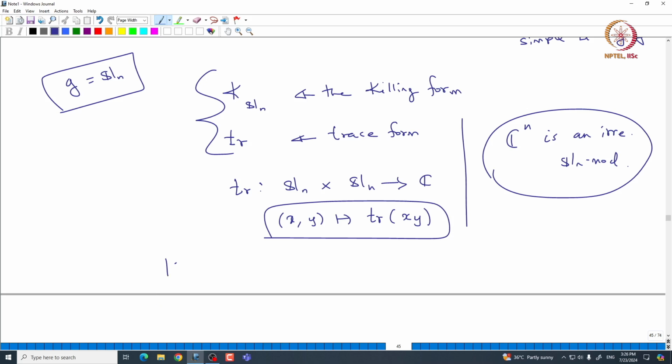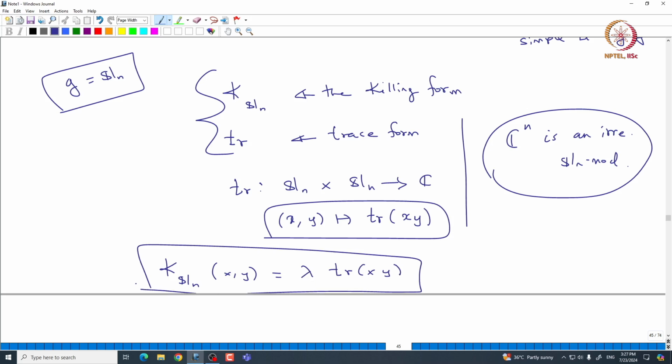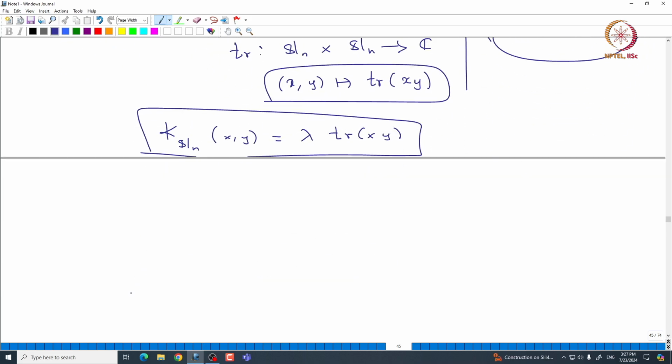Now, in particular, if you are interested in computing the Killing form for SLN, then that is exactly equal to some lambda times the trace form of SLN. To compute the value of this lambda, it is enough to compute it on some particular choices of x and y. For example, one can take x to be E12 and y to be E21.